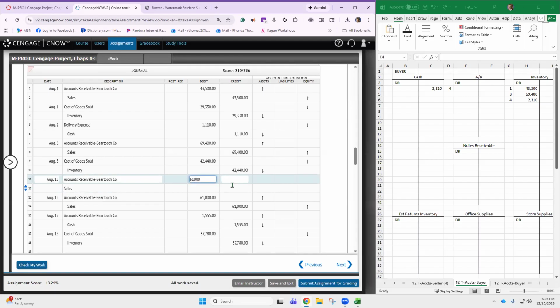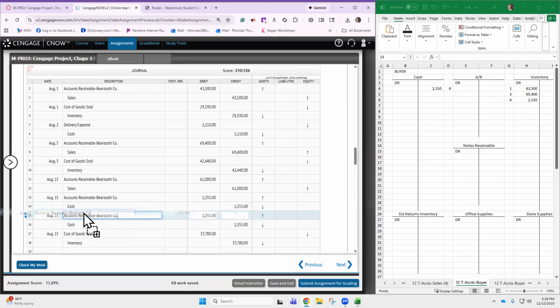So 61,000. And the sale is 61,000. Okay, and then we want accounts receivable Beartooth again, but this time for the amount of the shipping. So we're just going to put in $1,555. And this is going to be cash. Okay, so once again, this is going to be for the seller who is paying the shipping, but invoicing the buyer for it.